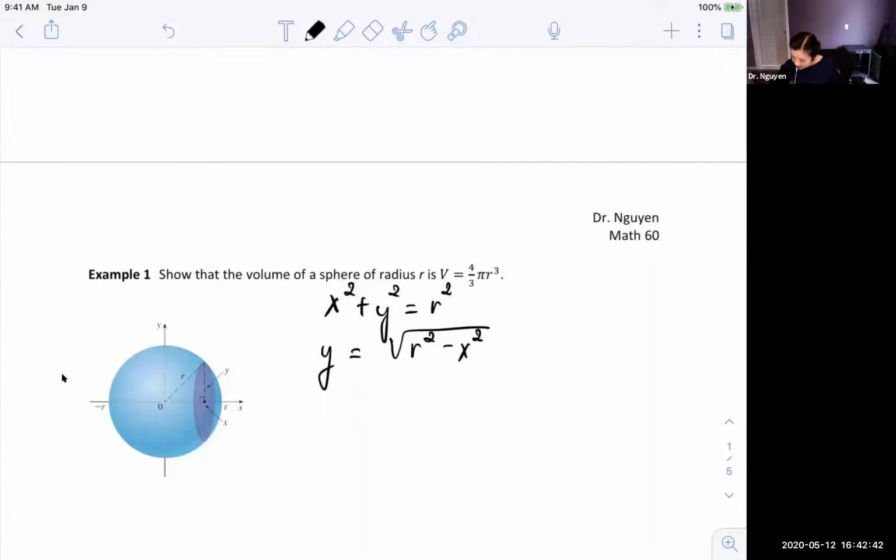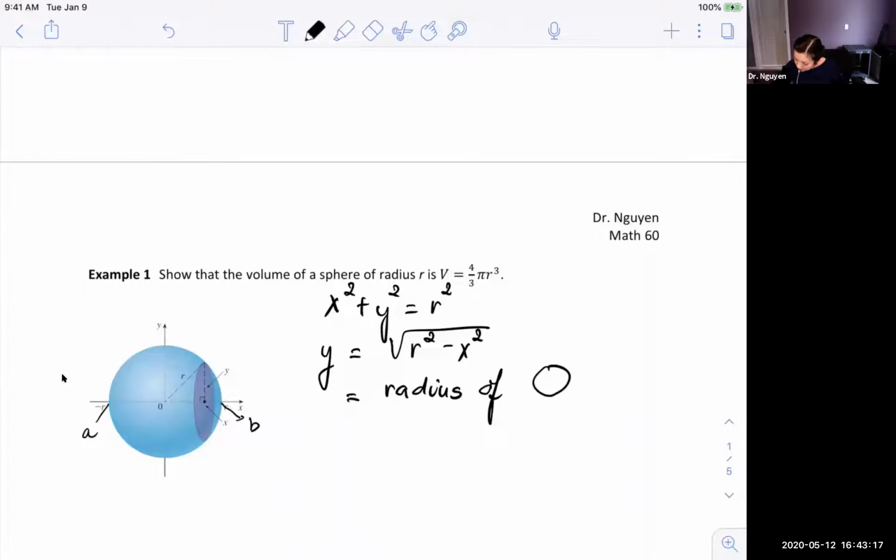That y is actually the radius of the circle that we have, which we have to consider for the area of that cross section. So using the definition of volume, A equals negative R and B equals positive R. So this is A, this is B, okay?